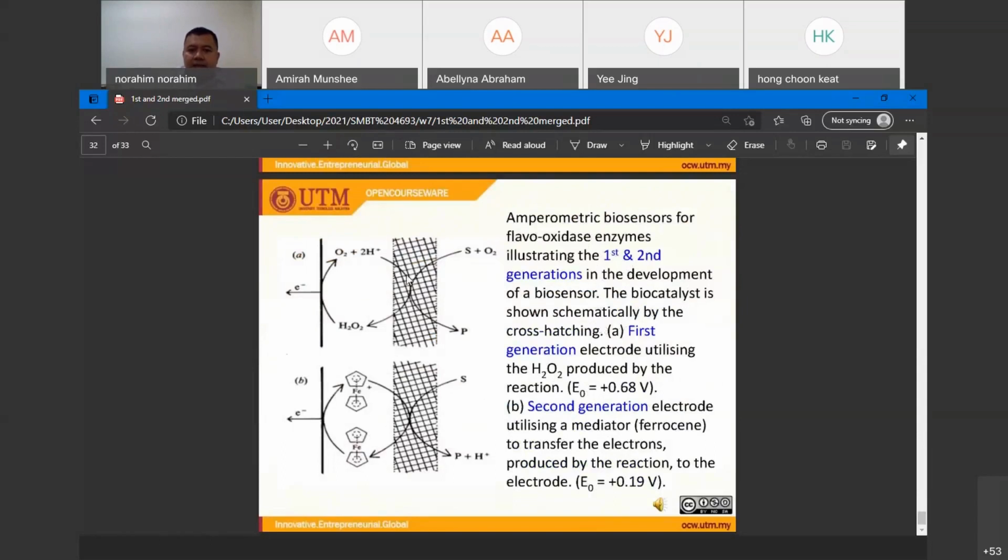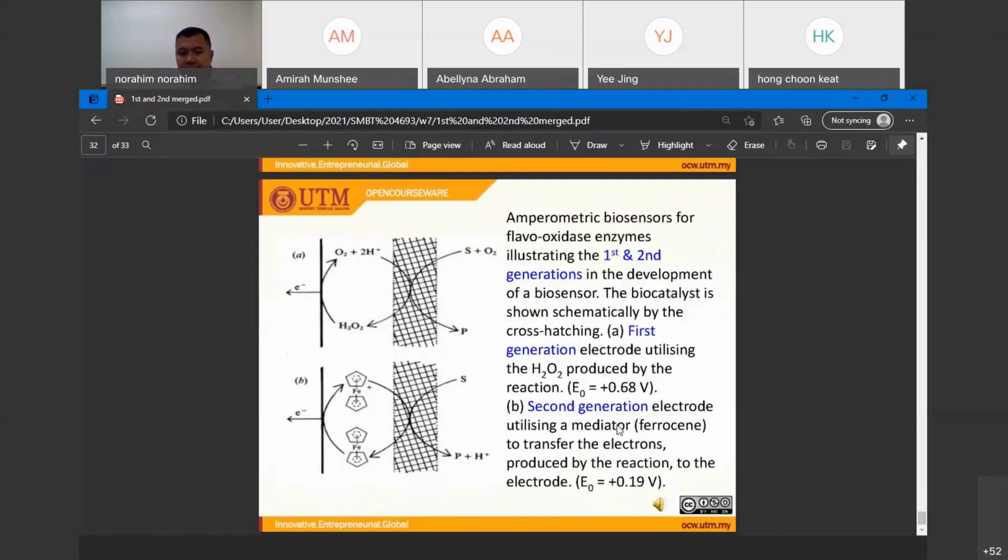So this is your biocatalyst. A, the first generation electrode, utilizes hydrogen peroxide produced by the reaction. Remember, the potential is about plus 0.6768 that you produce hydrogen peroxide as the interfering gas in the system.